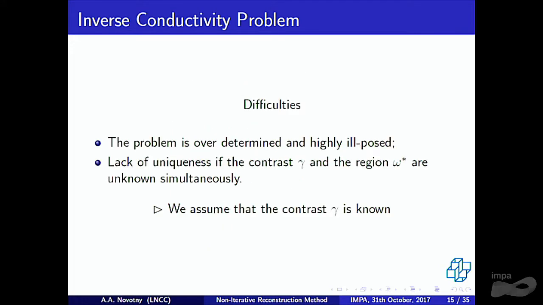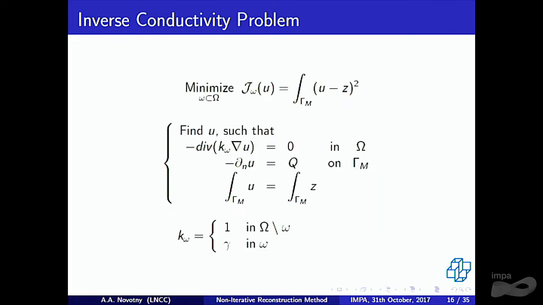So since we are looking for some geometrical domain, the support of the anomaly, we can write this problem as a topology optimization problem. It means that we can minimize the misfit between the boundary data, the boundary measure on gamma m, and the solution to an auxiliary problem U written this way.